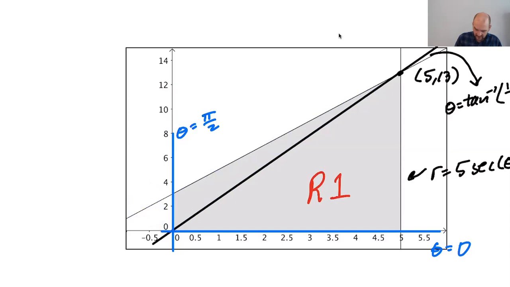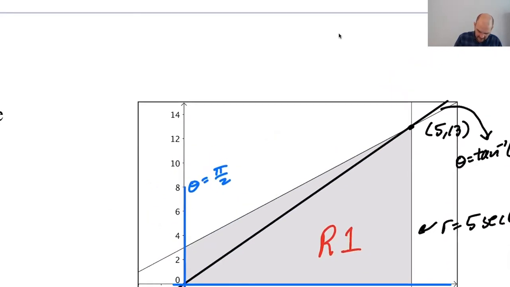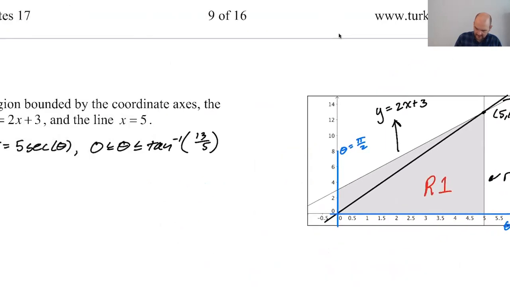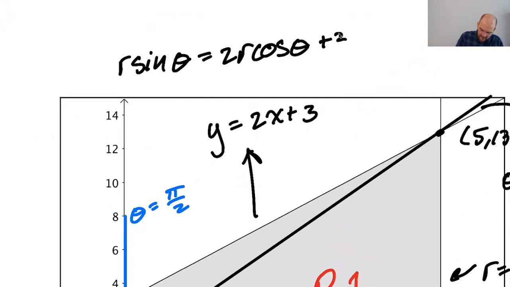So we're going to go from the inverse tangent of 13/5 until pi over 2. We need to write this curve in polar. This curve is not really meant to be written in polar, but that's not going to stop us. It's y equals 2x plus 3, so r sine theta equals 2r cosine theta plus 3.